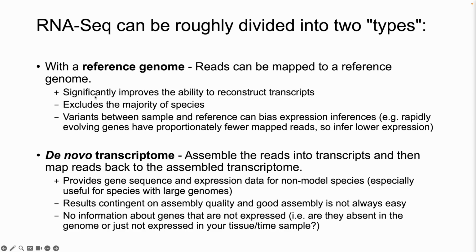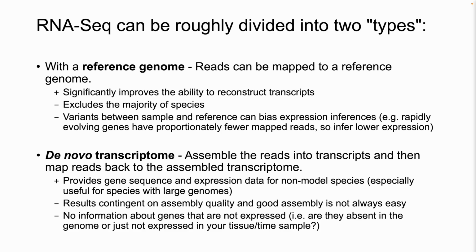Benefits here, if you have a reference genome, it will improve your ability to reconstruct the transcripts because you're lining everything up to a genome, and so you know which exons or which copy of the gene it belongs to. The problem is most species don't have a good reference genome.